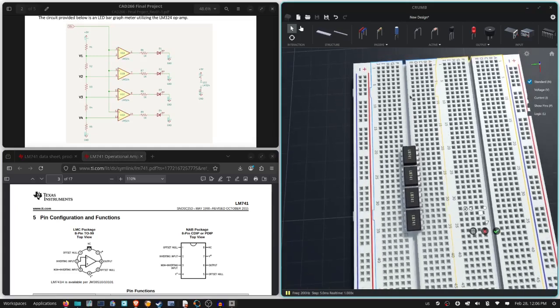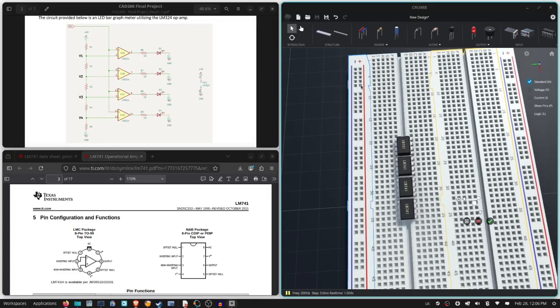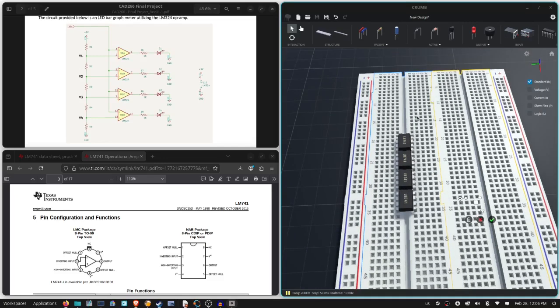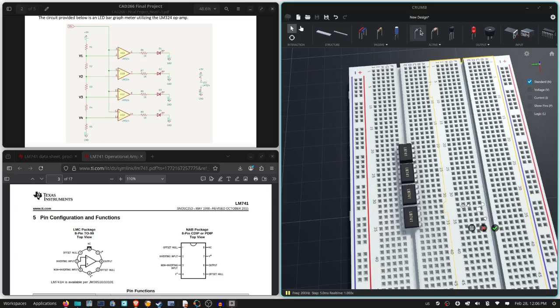What we want to do is provide our 9 volts on this rail and our ground on the blue rail, and provide the power in and the ground to our op amp. So power in says pin 7, ground in our case will be pin 4 for each of these. So let's just do that.